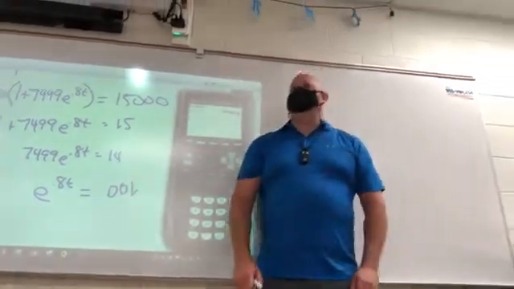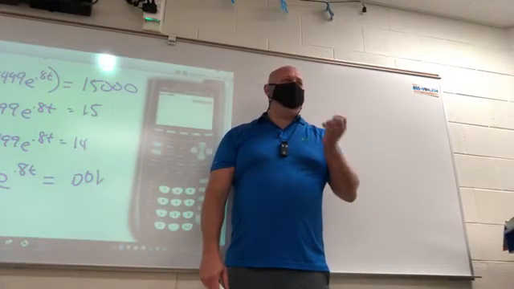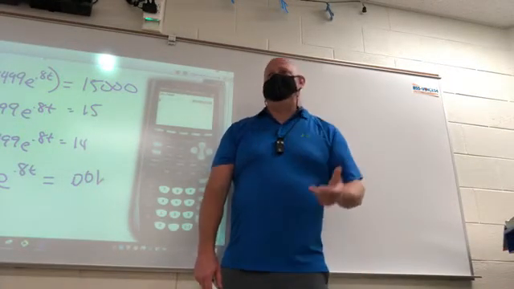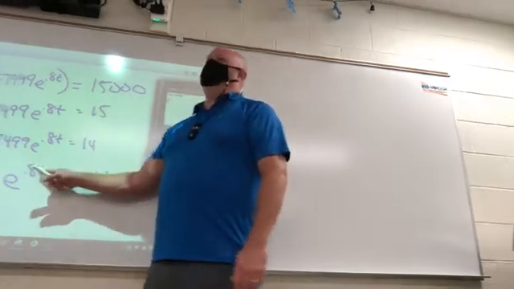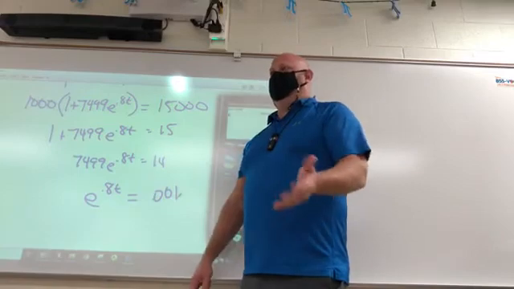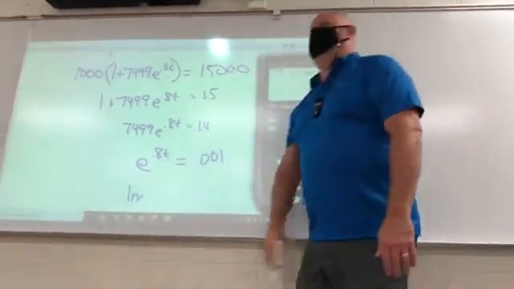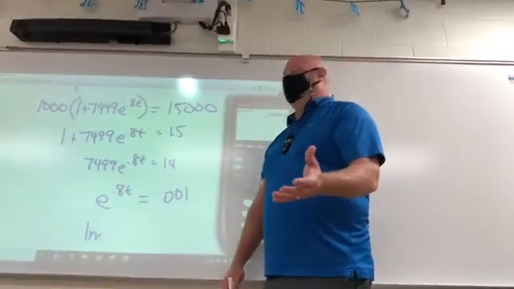Okay? Now what? Once you get it to that point, what's the next step? Switch forms. This would be log base e. What's another way to write log base e? Isn't that just natural log? Of what?